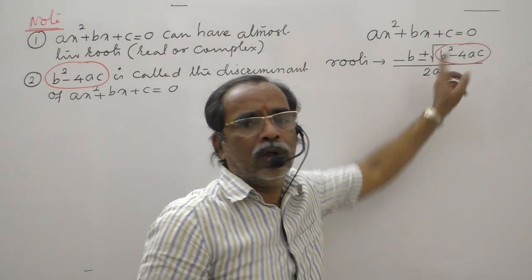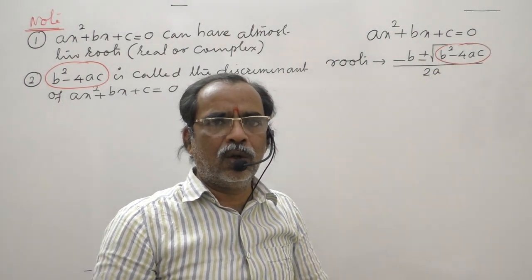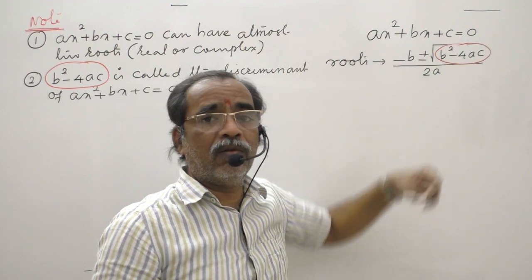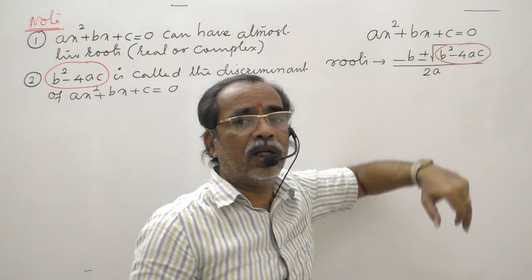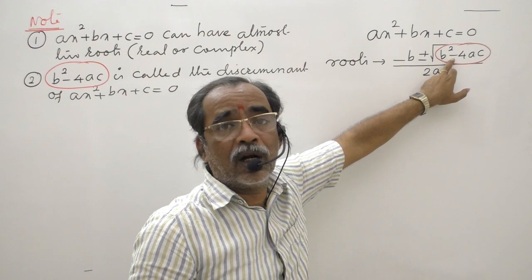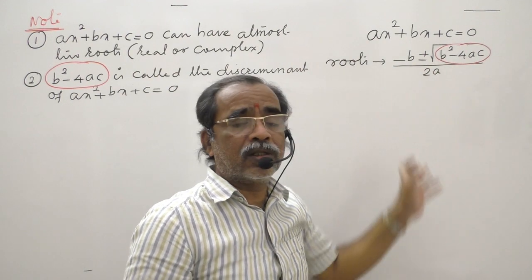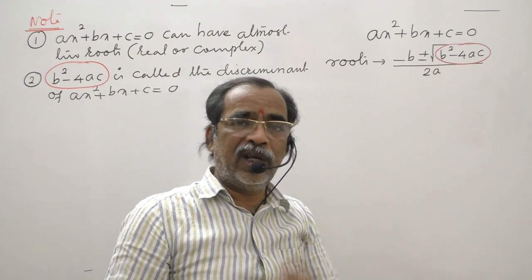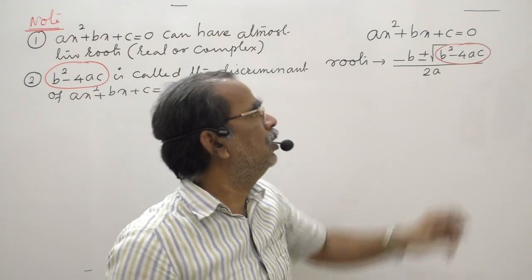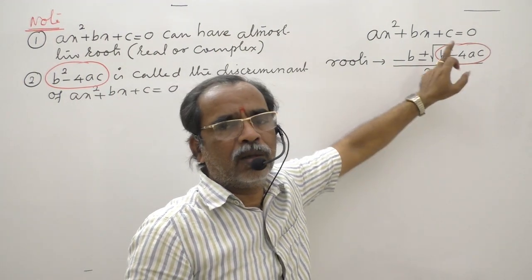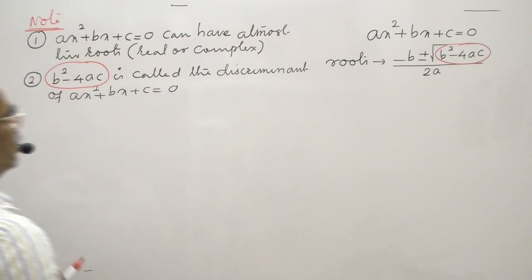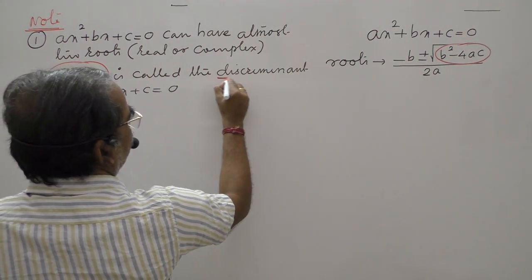If this expression is 0, then you will get only one root. If it is greater than 0, here you will get real roots. If it is less than 0, then the roots will be complex. Therefore, this is important. b square minus 4ac is called the discriminant.